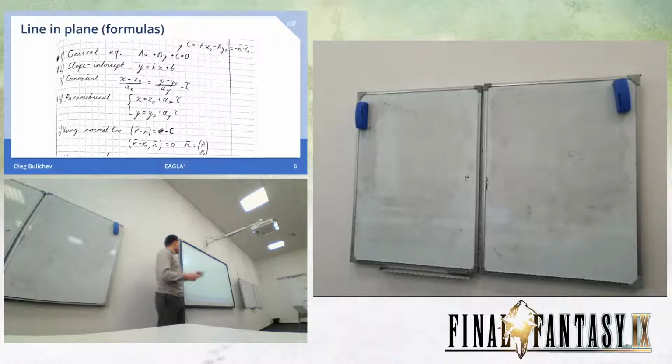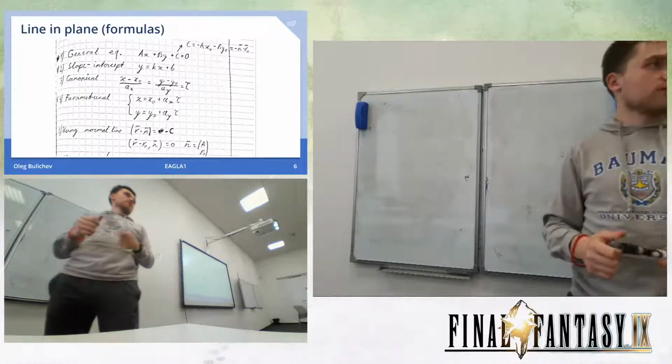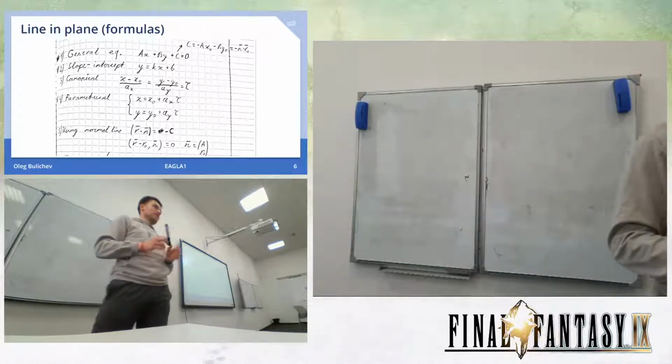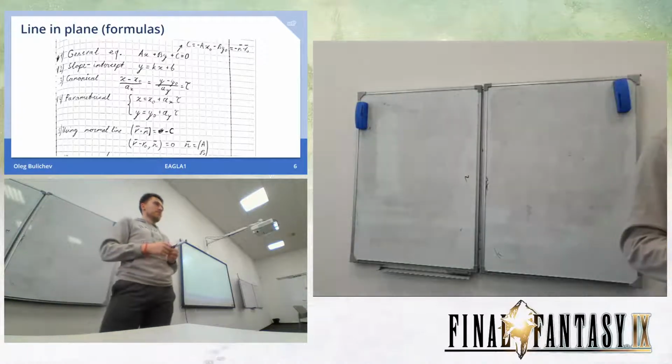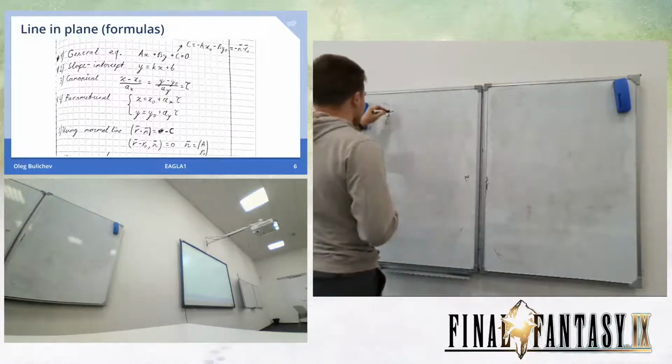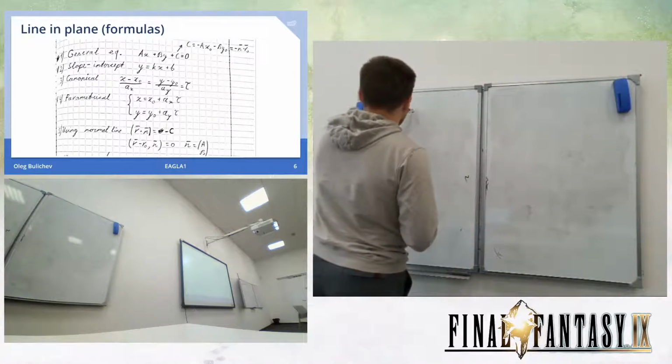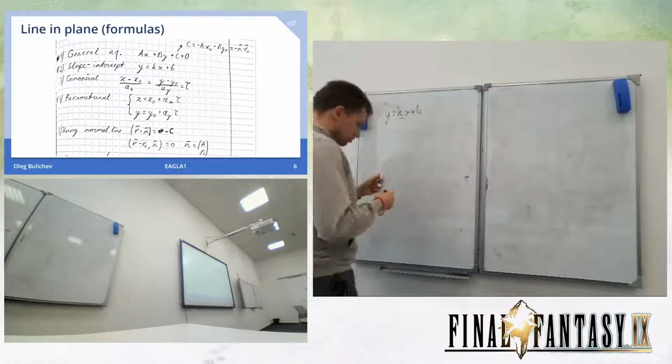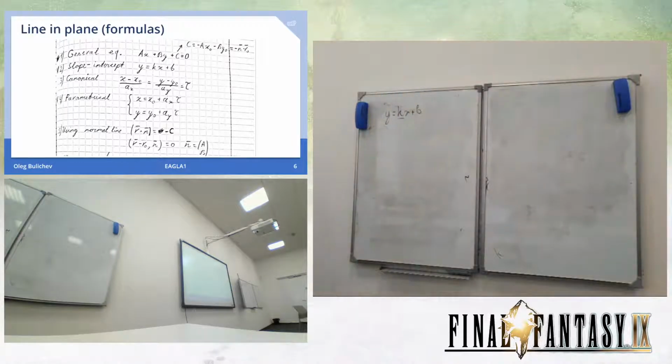So we have slope-intercept form. Who knows why it's called slope-intercept? Yeah, because the k coefficient is the slope coefficient, and the b coefficient shows where this line intersects the coordinate axis. Okay.